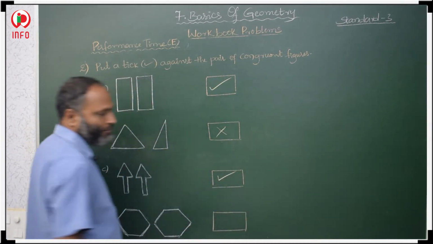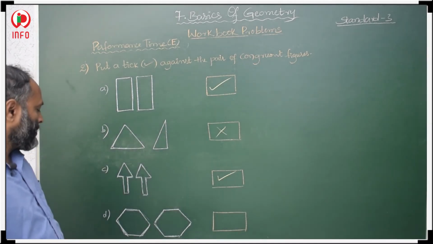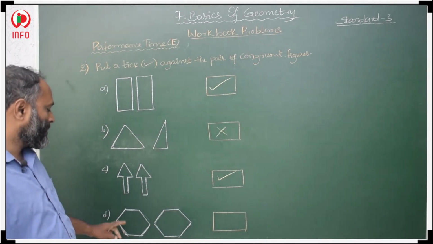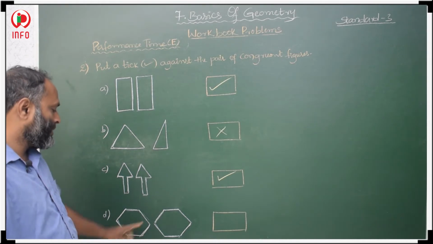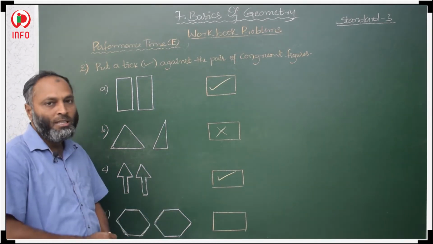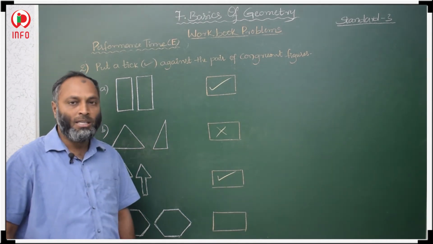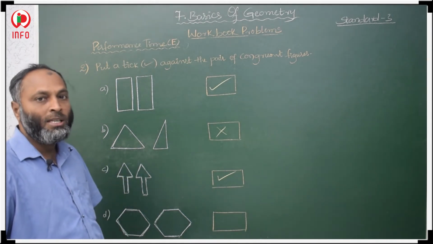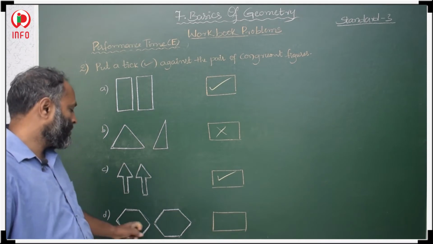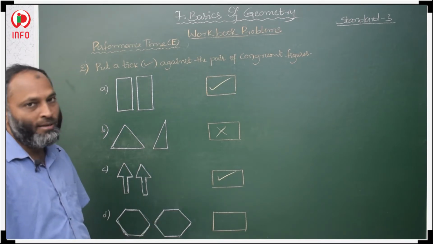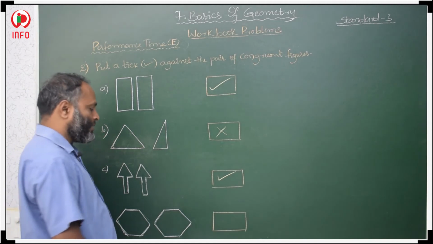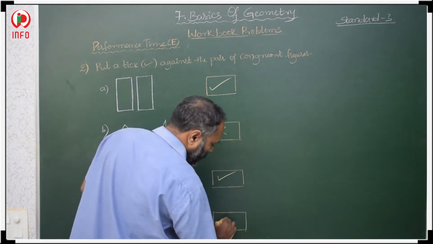Keep a tick mark. Here these two hexagons are given: 1, 2, 3, 4, 5, 6, and 1, 2, 3, 4, 5, 6. A six-sided closed geometrical figure with straight lines is a hexagon. These two hexagons are of the same shape and size, so these two are also congruent figures.